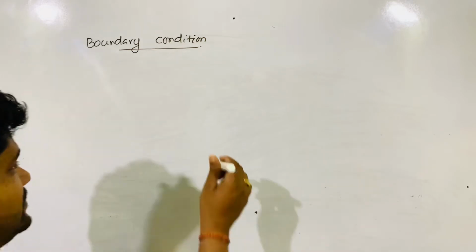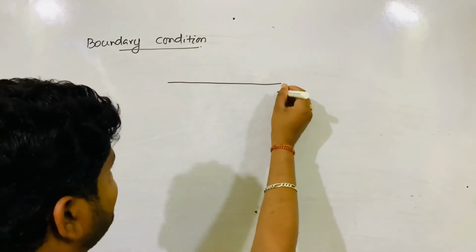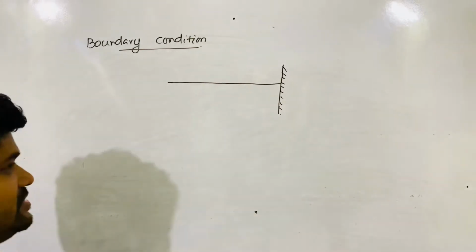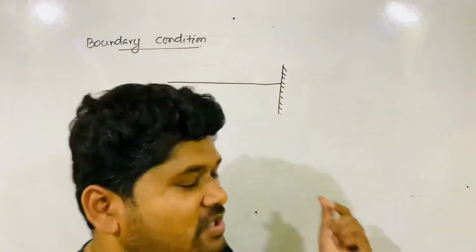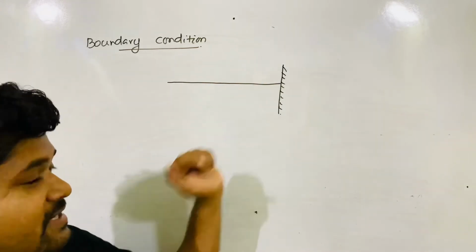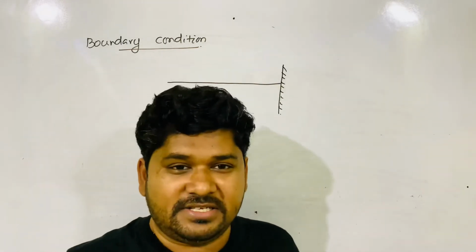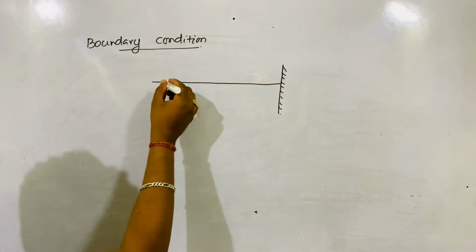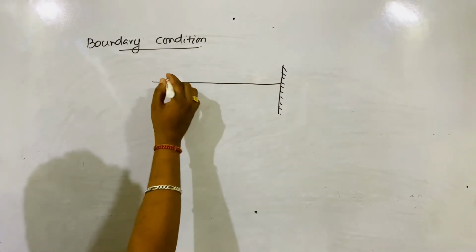I am telling you, this is a string. You just make it tight on a support. You take a rod or something just to tie it there. This is the string, tight there. And you send a small disturbance.